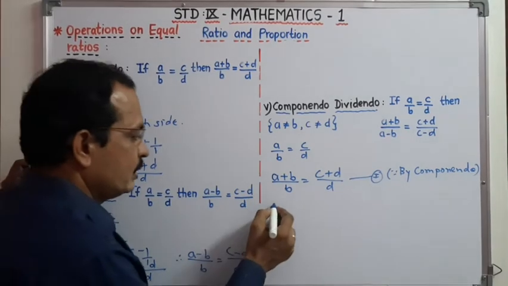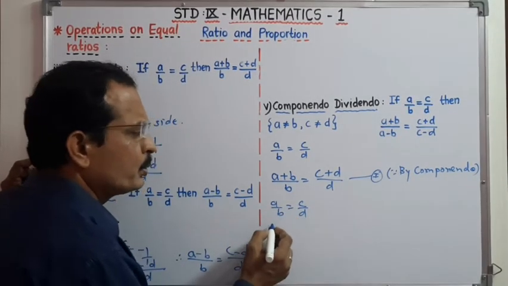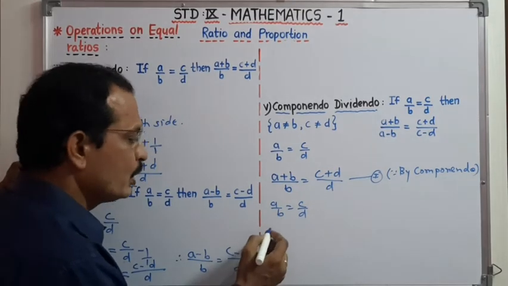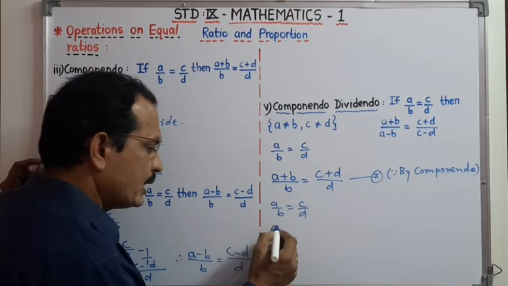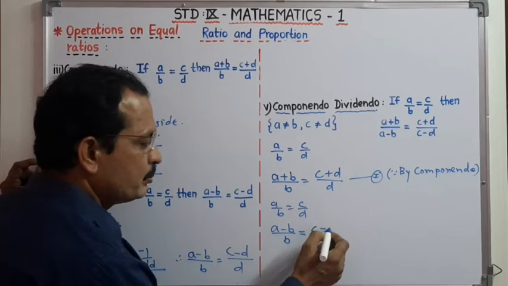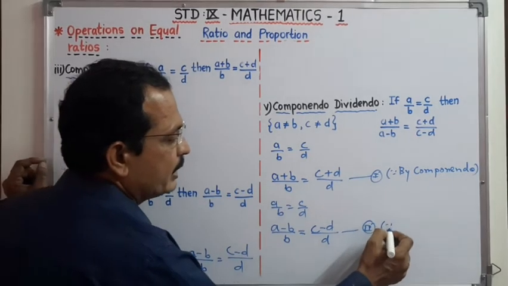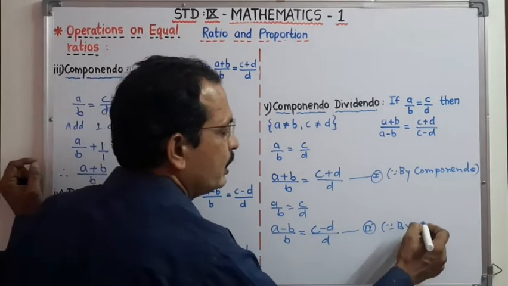Now same thing, that is a upon b is equal to c upon d. We have to do the by Dividendo. By Dividendo, we can write a minus b upon b is equal to c minus d upon d. Here it is statement number second, and here we have to write by Dividendo.